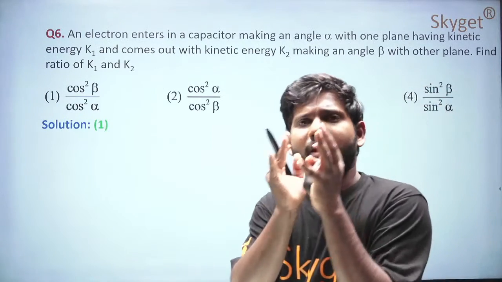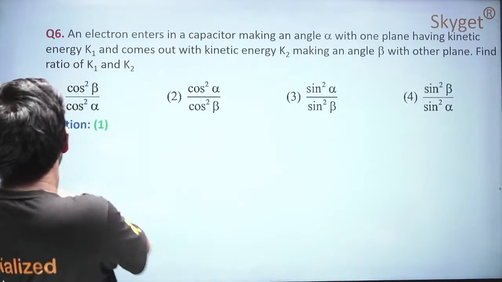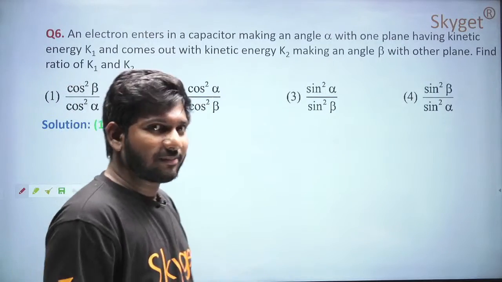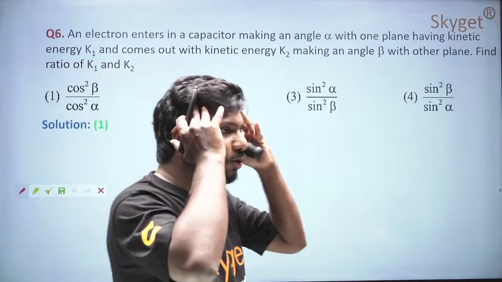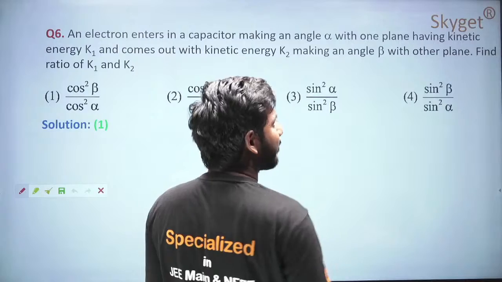So let us go to the next question. This is a beautiful question to answer, students. What is the beauty of this question? This question is similar to the question that you have solved in projectile motion. So just try to understand and analyze how this question can be solved.